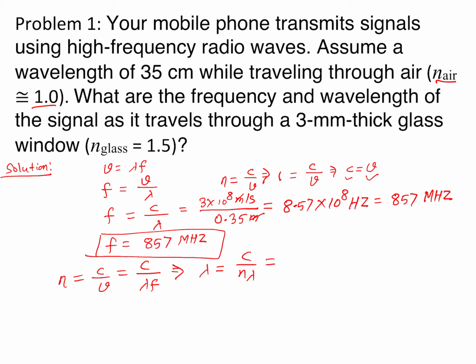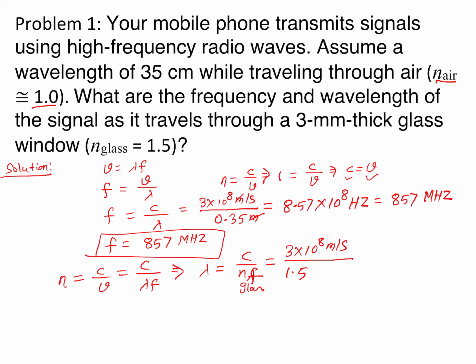We know c is 3 times 10 to the power 8 meters per second and n glass is 1.5. So, n is equal to c over v, which is c over lambda f. So, lambda is simply c over n f.